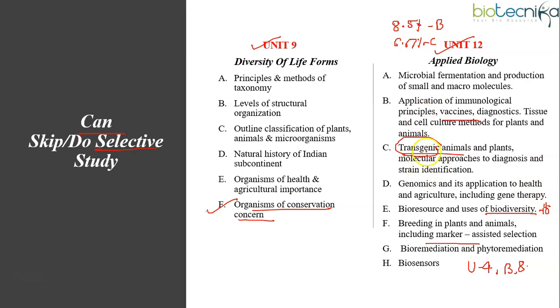So you need not prepare all the topics from this unit, but can selectively prepare this unit, emphasizing the important topics asked in the exam. And because this unit is small and easy, you can prepare it parallelly with other units.